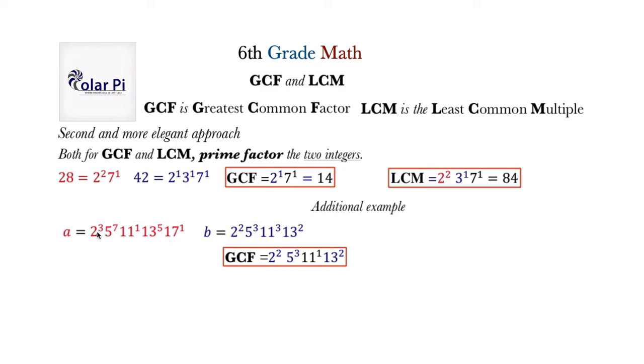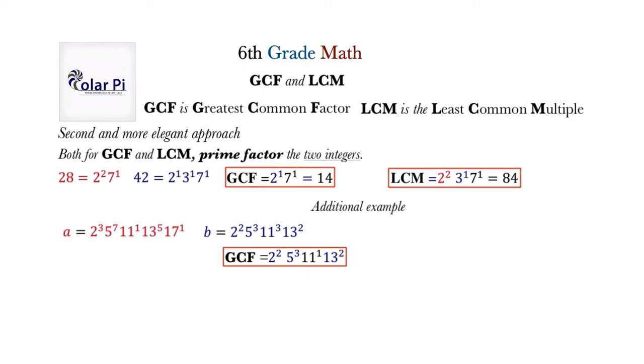A has 2 to the third, which is a little bit more than we need, but we take the smallest that they can both afford, 2 to the second. Same with the 5s, right? We have 5 to the 7th in A, but 5 to the 3rd in B, so we take the smallest, 5 to the 3rd. And then 11 to the 1st, that's the smallest. And then 13 to the 2nd, that's the smallest. The 17 we leave out because it's not a common prime factor to both of them.